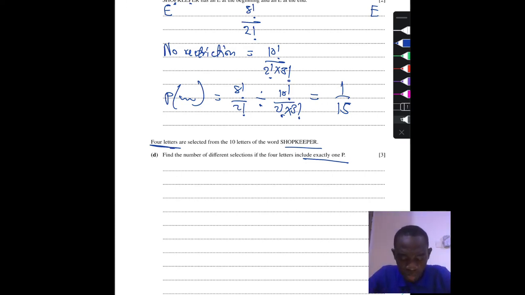Now, in this story, we have 3 E's. So it's possible to arrange 4 letters, okay, containing a P and not containing an E. Let me give you an example. I can have P, S, H, O, right? 4 letters, doesn't contain an E. So you deal with when it does not contain an E, when it contains 1 E, when it contains 2 E's, when it contains 3 E's.